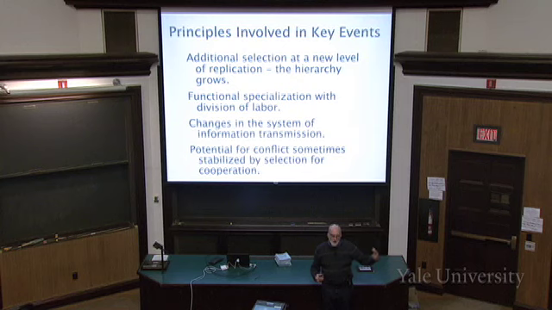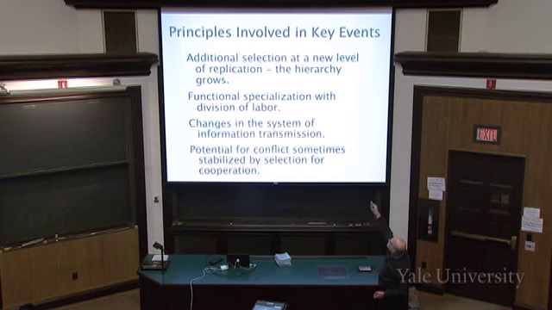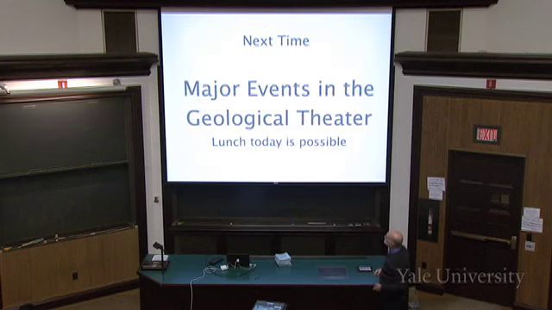Those are all principles of conflict resolution, because if you are in a tightly spatially organized system where your own welfare depends directly upon cooperation with another thing in that system, and your system is in competition with some outside system, and the performance of your system is actually a direct function of how cooperative you are, then there is strong selection for integration within that group. And it's thought that this is the kind of thing that's going on when you have a key event and the origin of a new higher level in the evolutionary hierarchy.